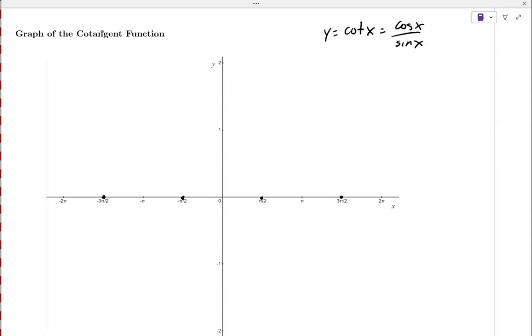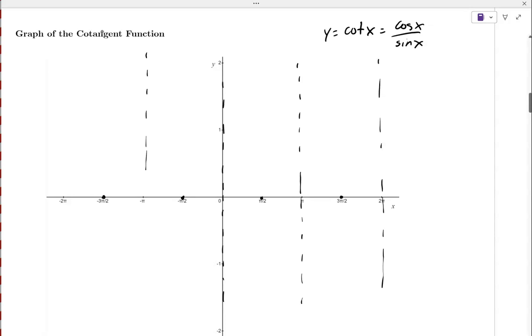The other thing we looked at was asymptotes. Where do vertical asymptotes typically appear? When the denominator is 0, right? In this case, we're looking for when sine is 0, and you told me before sine is 0 where? At 0, where else? Pi, where else? 2 pi.